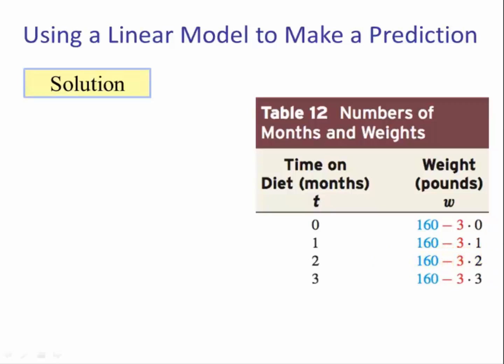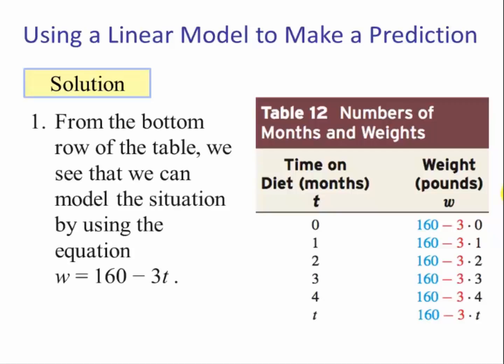3 months, we have 160 minus 3 times 3. So we can see the 160 is a constant and the minus 3 is a constant. But what changes is our variable here, T. Here's 4 months, and if we do T months, the equation becomes 160 minus 3 times T. That is our equation.